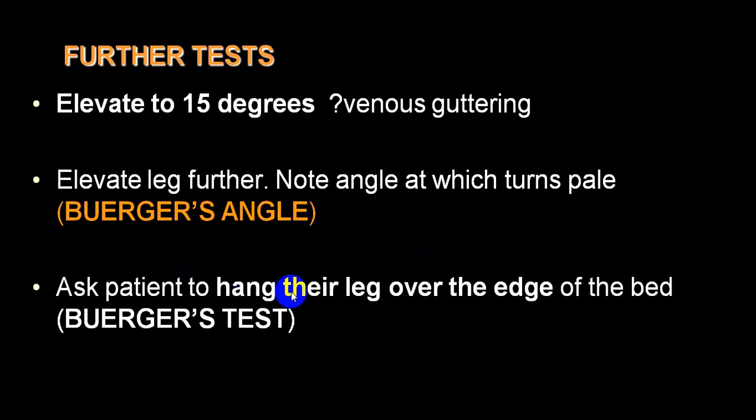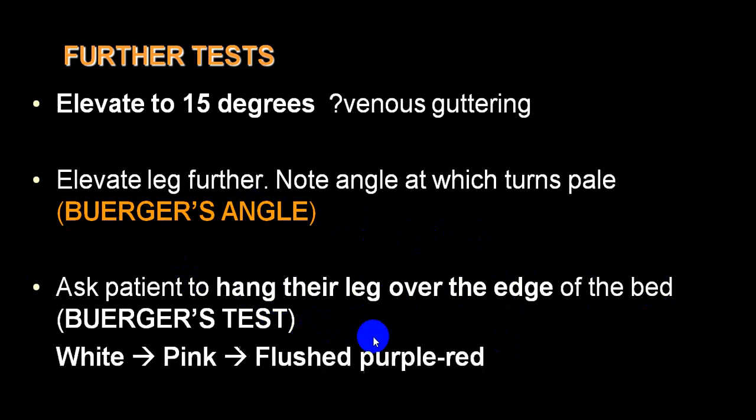So ask the patient to hang their leg over the edge of the bed. That is what we call the Buerger's test. Initially pale, followed by pink, and then it is flushed purple red. This suggests that person has got arterial disease, and this is described as a Buerger's test.